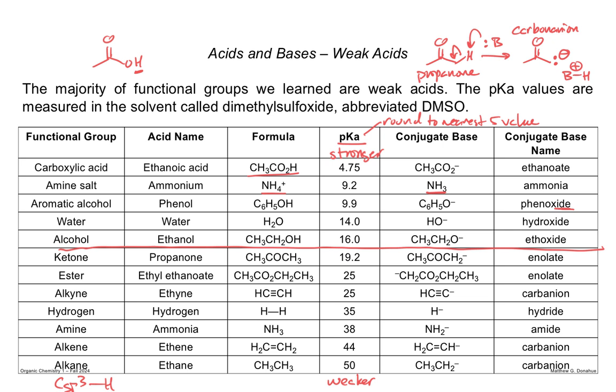Then we have an ester. I'll draw some of these things out on later slides, but you're getting up to 20, 25 now. And again, as the number gets larger, the acid gets weaker.